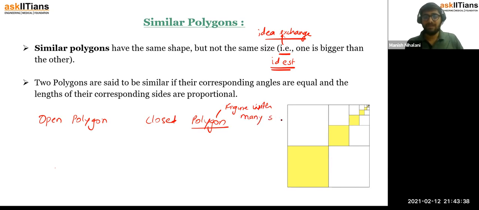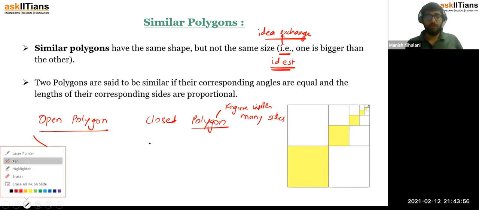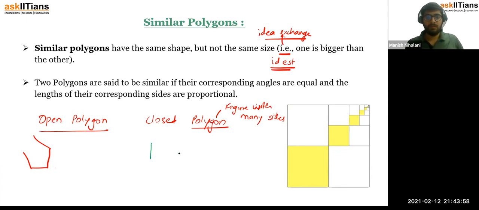An open polygon has n sides but it is open, for example like this. But a closed polygon is like this, right? This is a closed polygon, because all the vertices are connected to one another. A polygon can have n sides.